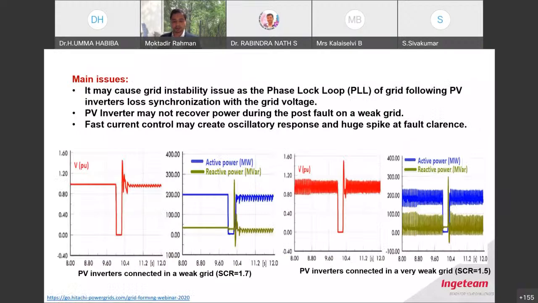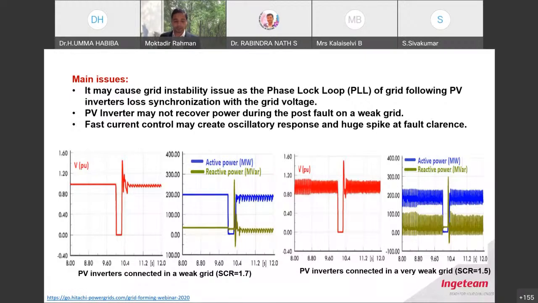Okay, so for example, here I took some pictures to show you what is happening when you connect your solar or wind plant at a weak connection point. Currently, the technology is grid following technology.